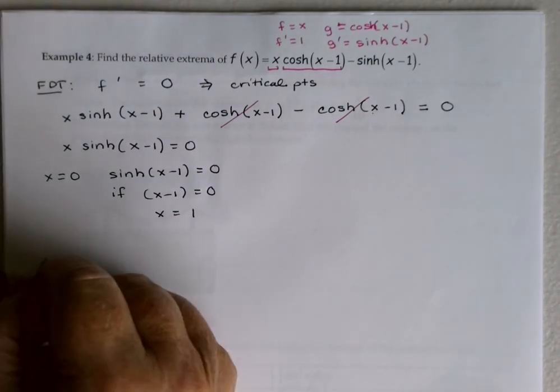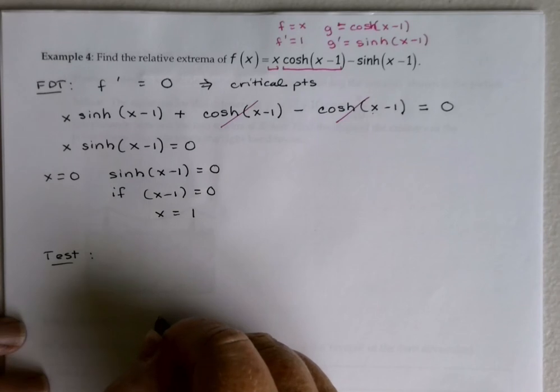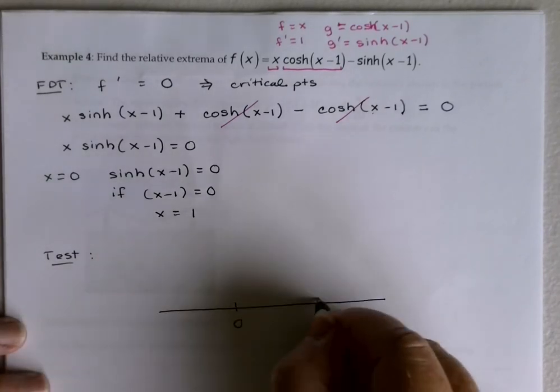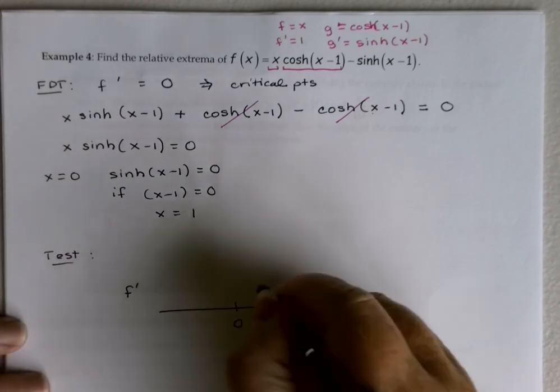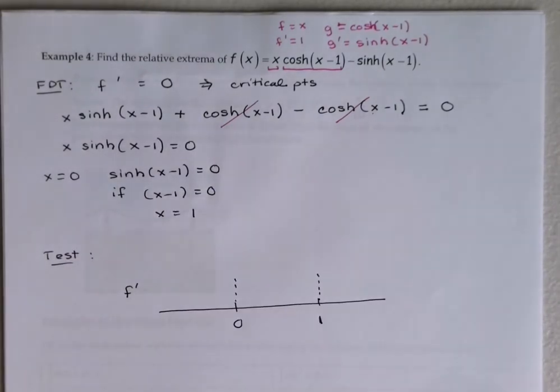All right, let's test this. We want to know if these are maximums, minimums, or neither one. My critical values are 0 and 1. And I'm testing f prime. We have not put our hyperbolics into the calculator yet.